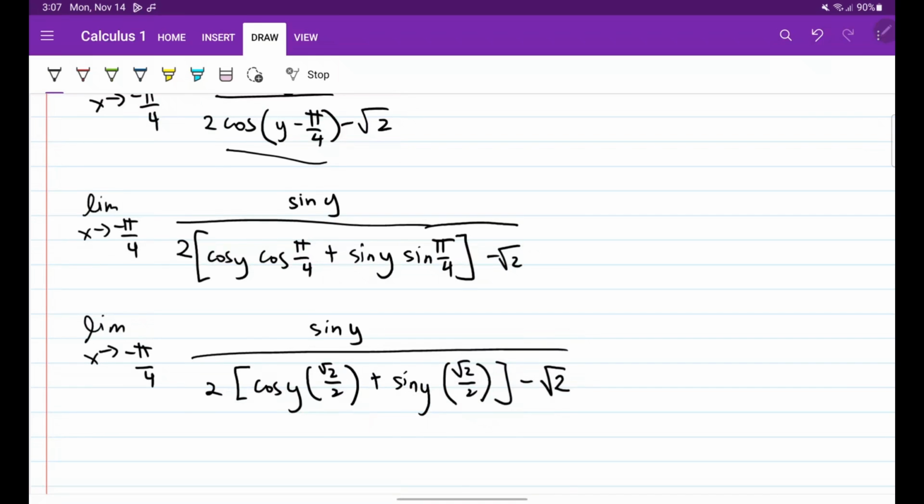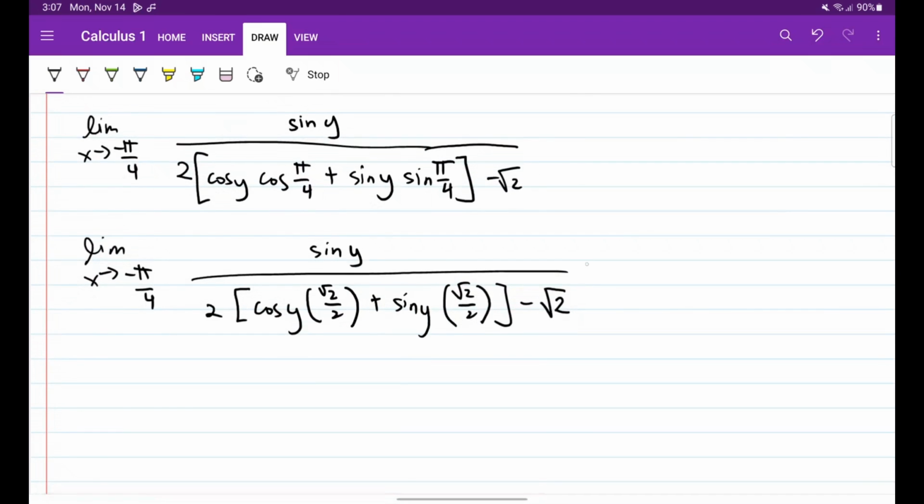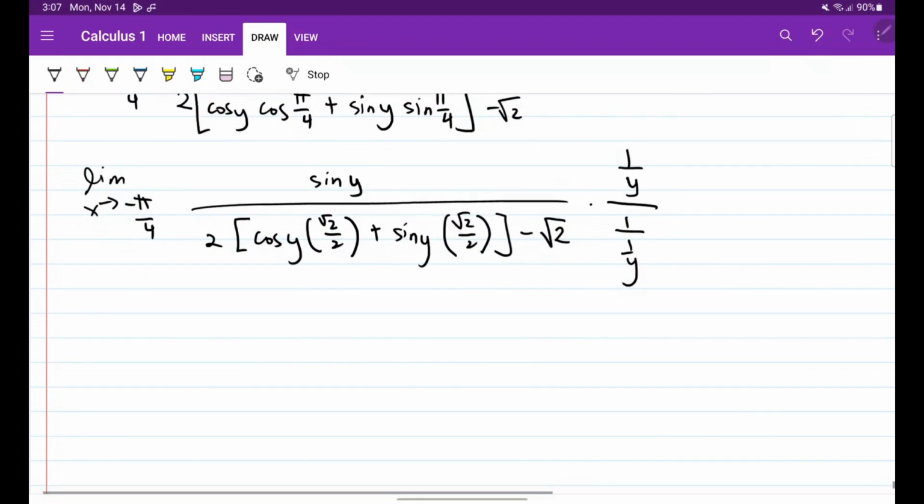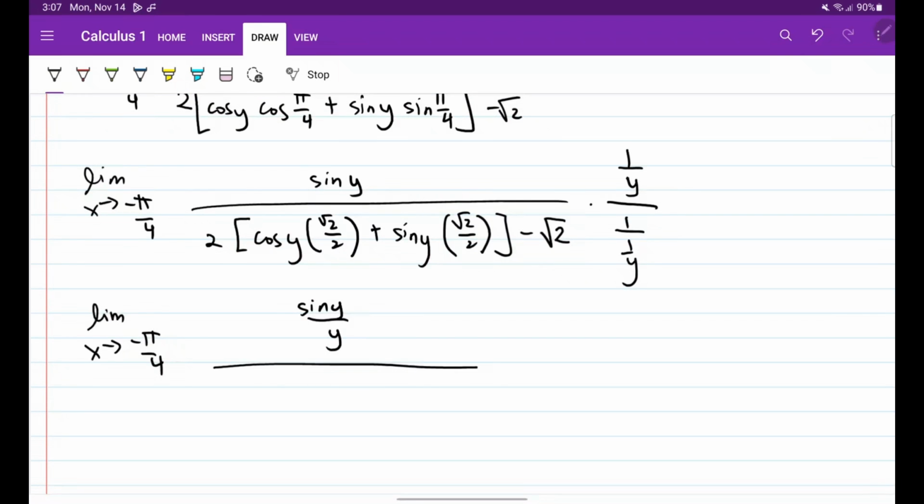Okay? So, ano na ngayon mapapala natin dito? Now, we can express things as sin y over y. Okay? So, we can multiply by 1 over y over 1 over y. Okay? So, what does this do? Magiging limit x approaches negative pi over 4 ng sin y over y all over.